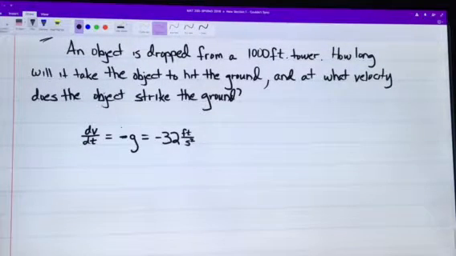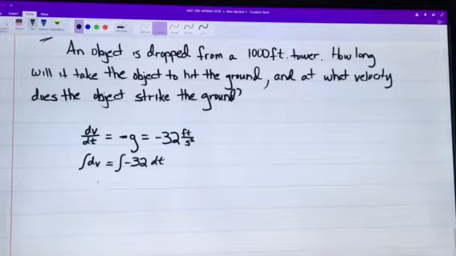If I express this in terms of the differential of the velocity, I have dv is equal to negative 32 dt. Separating the differentials, I can integrate on both sides. For the antiderivative, velocity is equal to negative 32t plus c1. Now the object is dropped.